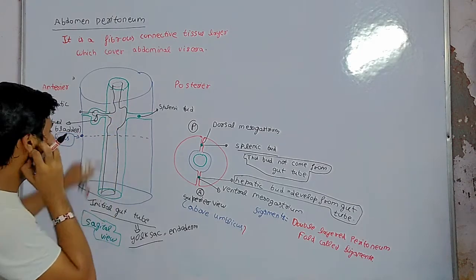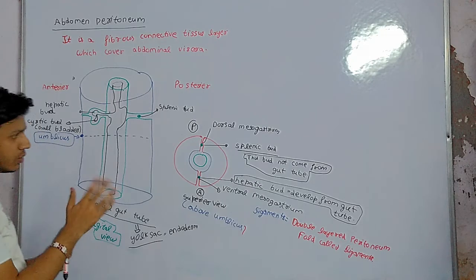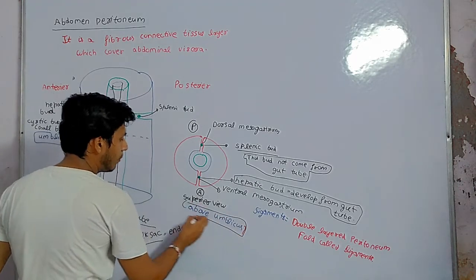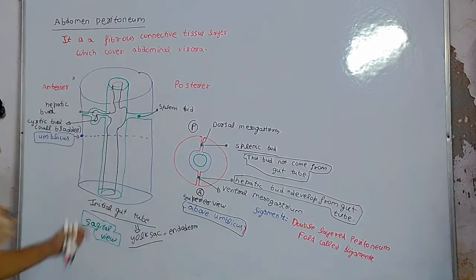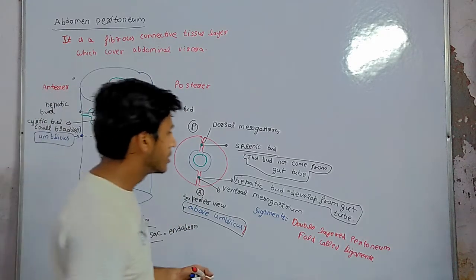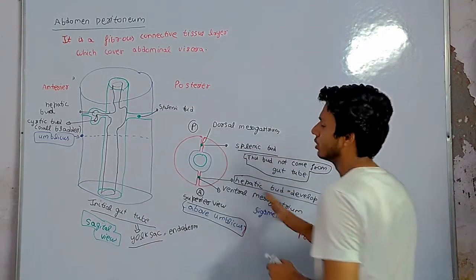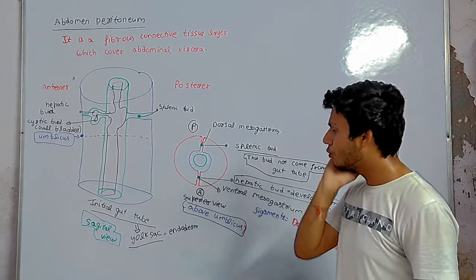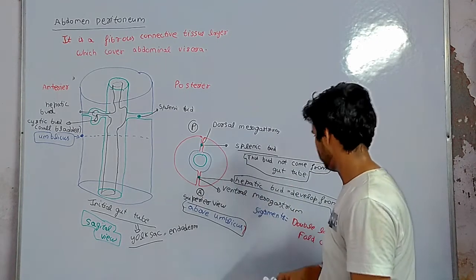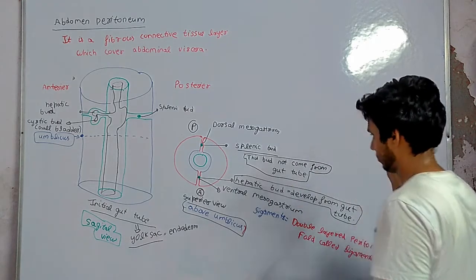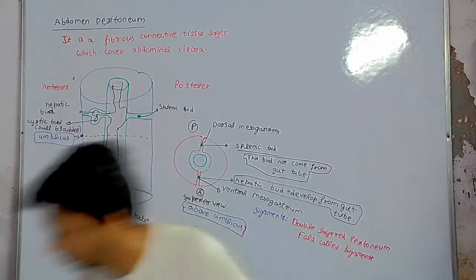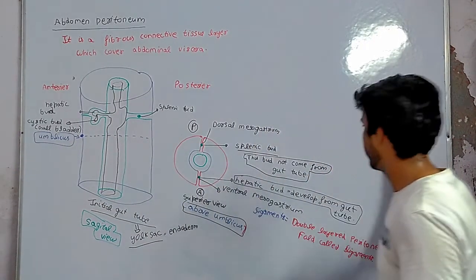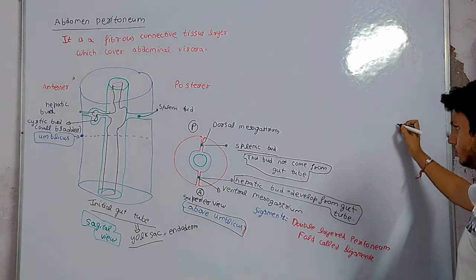So the stomach also forms in this segment. This is the level above the umbilicus. So what about below the umbilicus? Below the umbilicus we have a different scene. This is the ventral mesogastrium, dorsal mesogastrium. So which structure develops from this? First, we take another tube below the umbilicus.